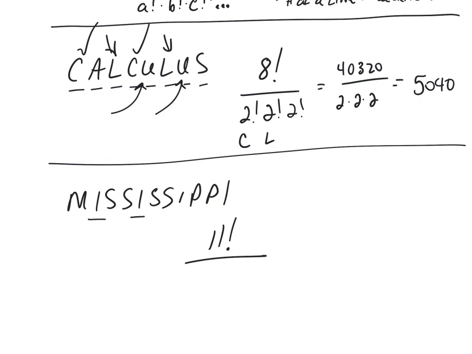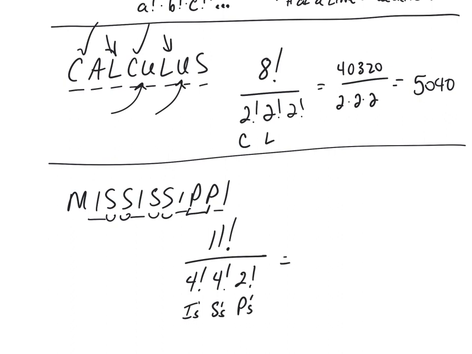So as an example, we have 1, 2, 3, 4 I's, so I'm going to divide by 4 factorial for the switching around of the I's. I've got 1, 2, 3, 4 S's, so we divide by 4 factorial to take care of the switching around of the S's. And finally, I have 2 P's, so I divide by 2 factorial to take care of the switching around of just the P's.